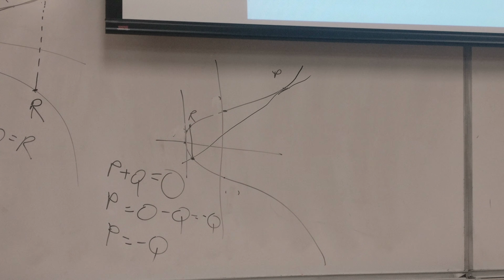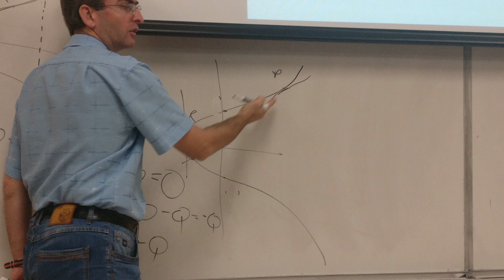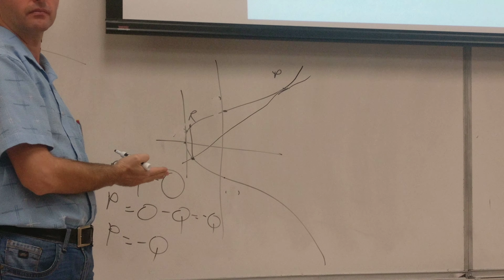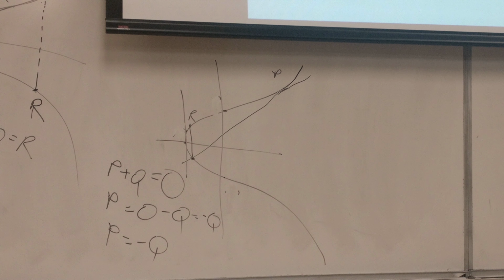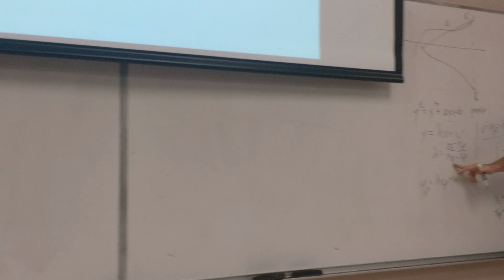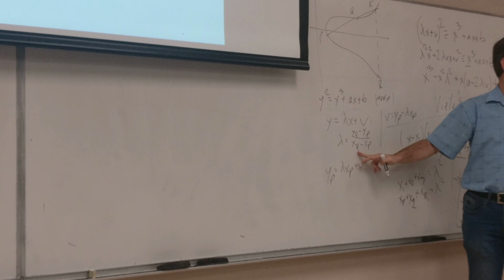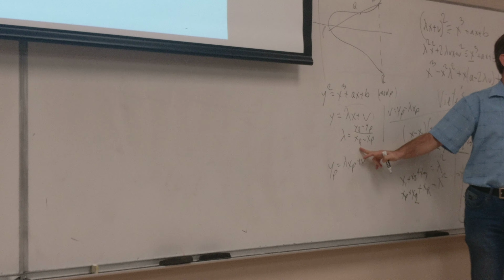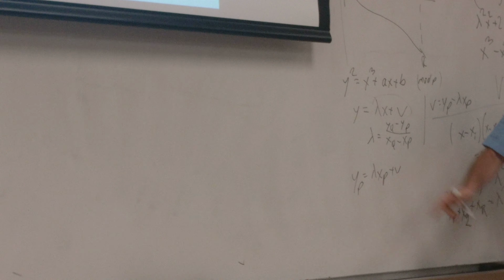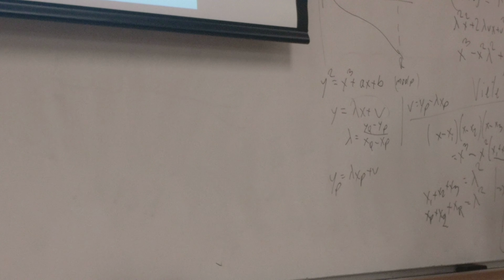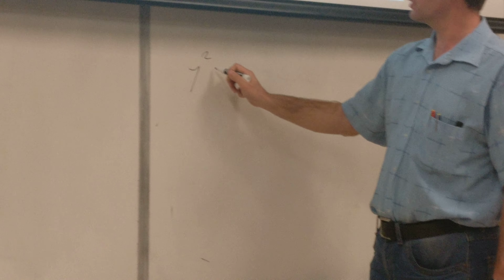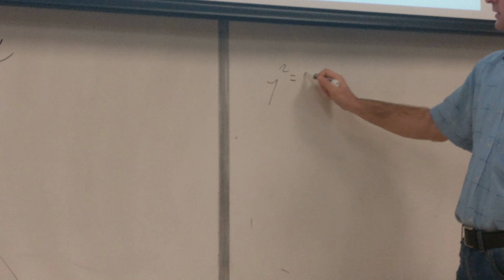All the equations are the same, the only difference is that we need the slope, and we cannot compute the slope with this equation over here. That's the only place where we used Q, to define the slope, this lambda. Otherwise we only use P. So now we need to find the slope without Q, and to do that we are going to return to our formula, x cubed equals x squared.